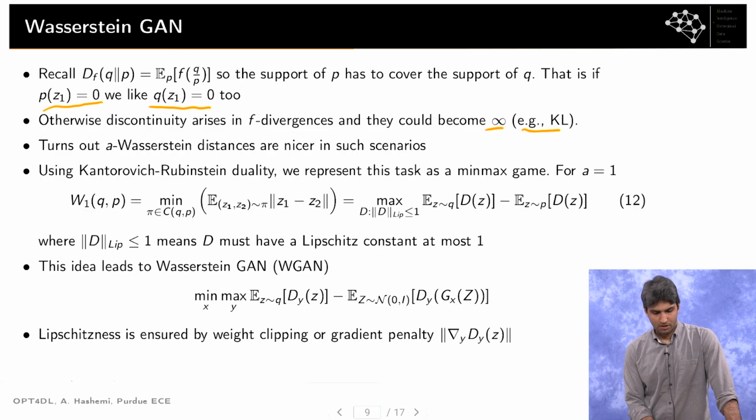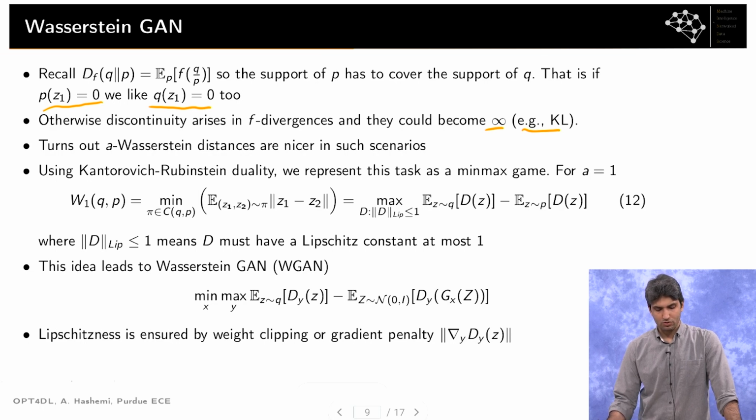In particular, you can use something that's beyond the scope of this course, but I refer you to materials on optimal transport if you're interested. So we can use Kontrowicz-Ramenstein duality, which in some sense provides a variational representation of the vacillational distance.